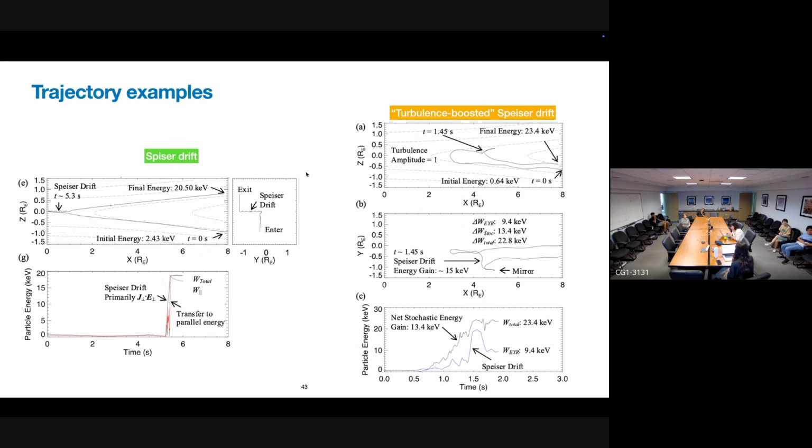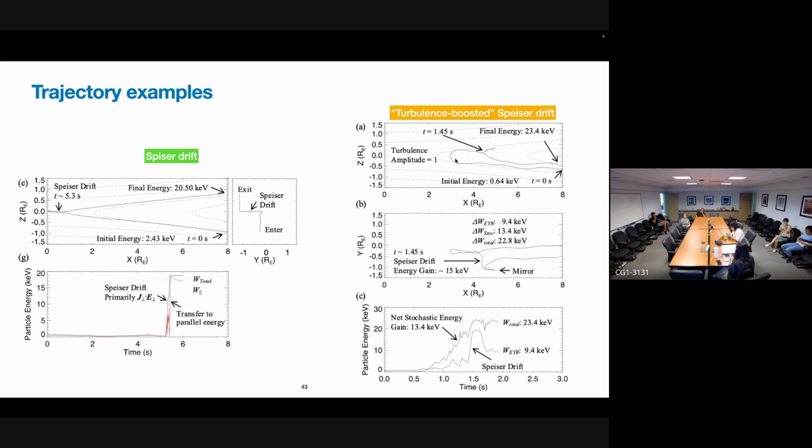So what turbulence does is boost this kind of Speiser drift. What I mean by boost is, for example, in this one, the particles come in but don't quite enter the Speiser region that we mentioned before. Normally we think the particles are still magnetized and not going under the Speiser orbit.